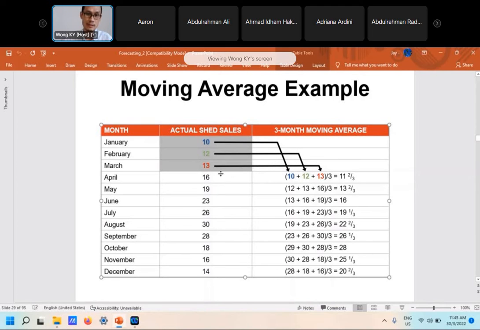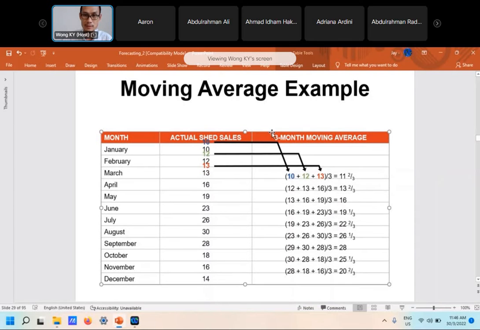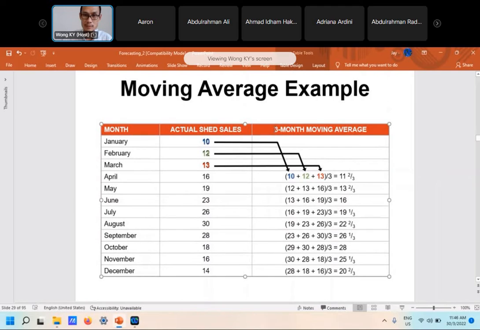Now let's say you are at the end of March, and you want to forecast the demand in April. If the question asks you to calculate the demand in April using a 3-month moving average, it means you take the average value of the most recent previous 3 months. It's simple, right?